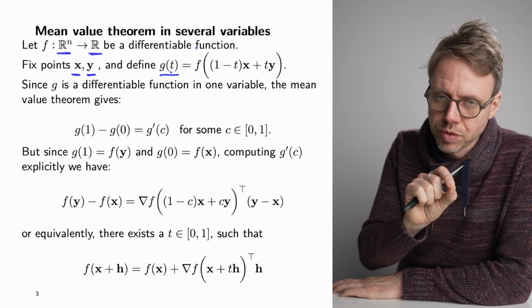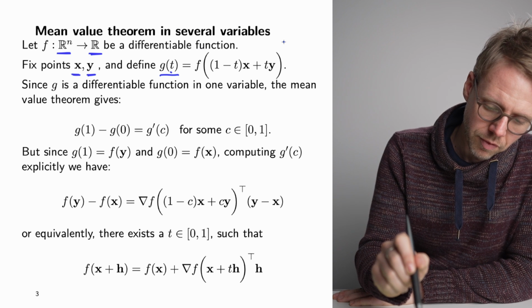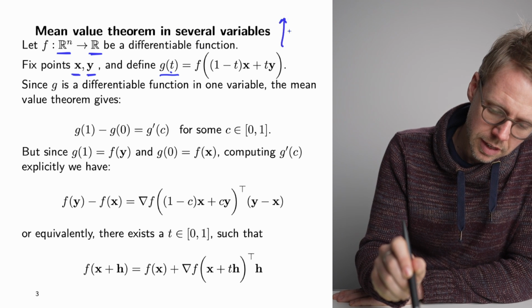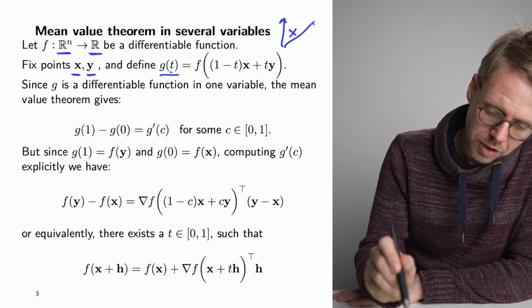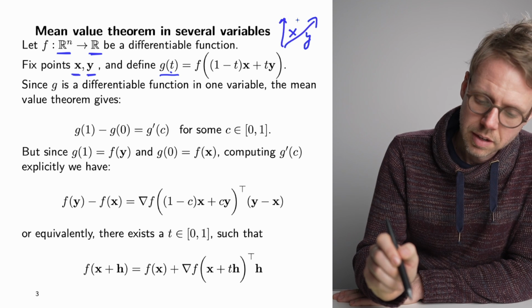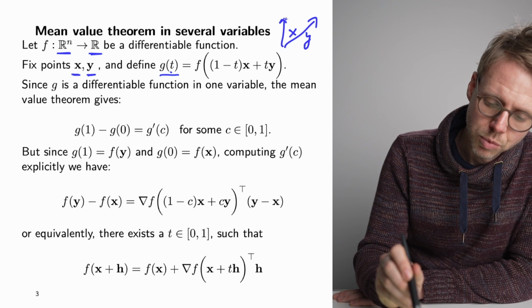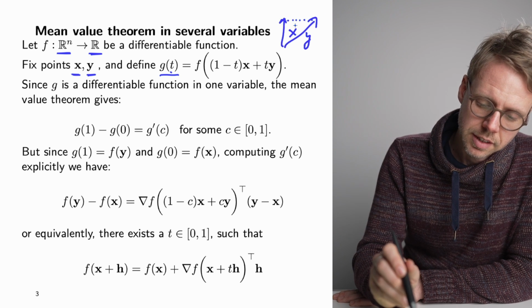So we basically move, you have your vector x, element of R^n, and you have your vector y. You're basically moving between these two vectors as input.